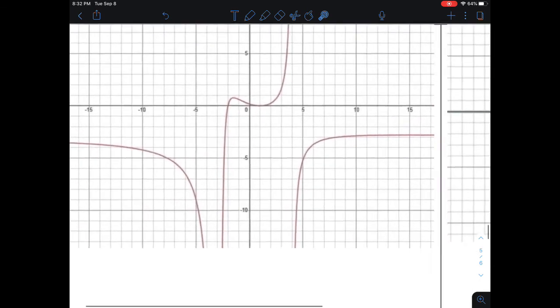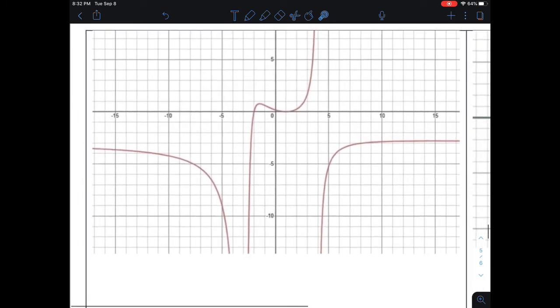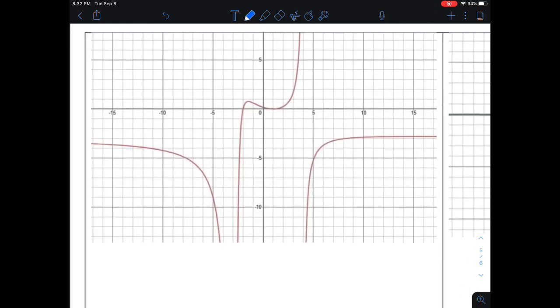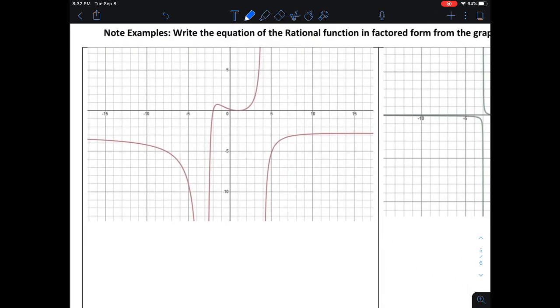So let's look here at this first problem. Let me zoom in here. Let's identify our vertical asymptotes and their multiplicities along with any x-intercepts. Well, we have a vertical asymptote right here at -3.